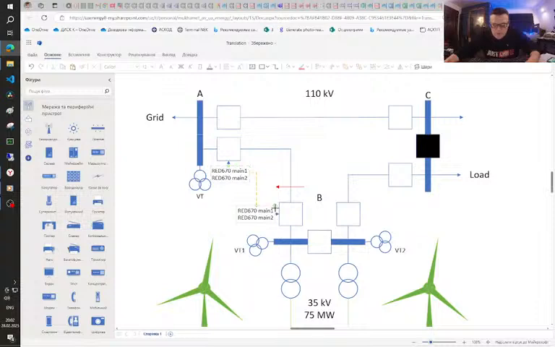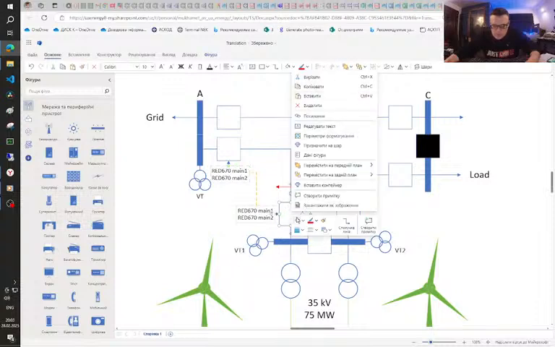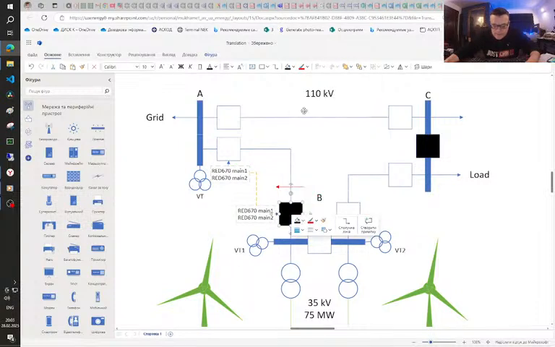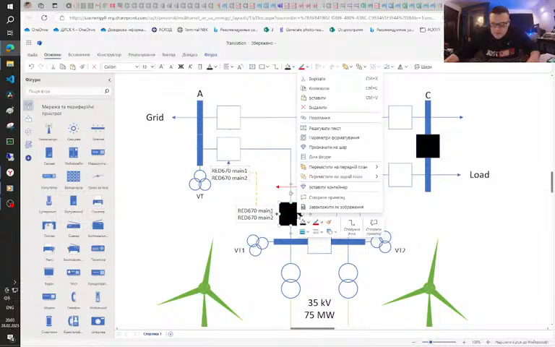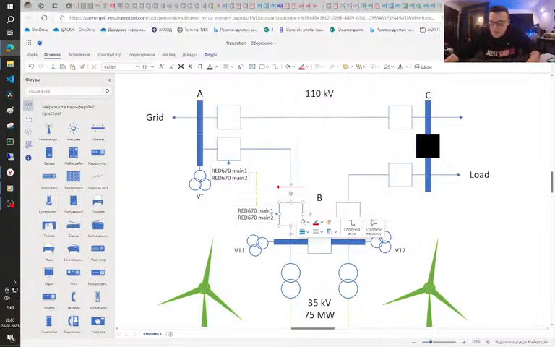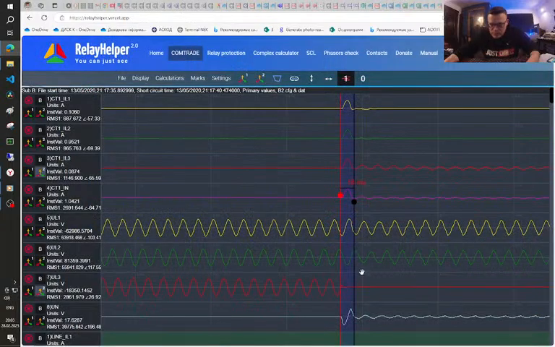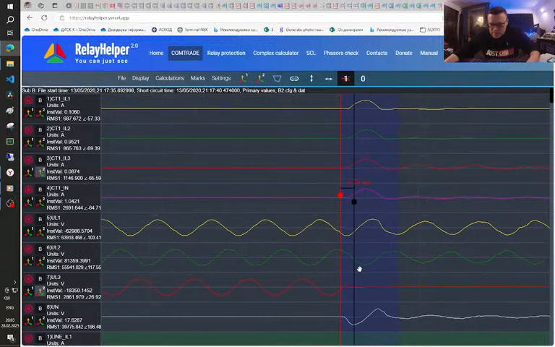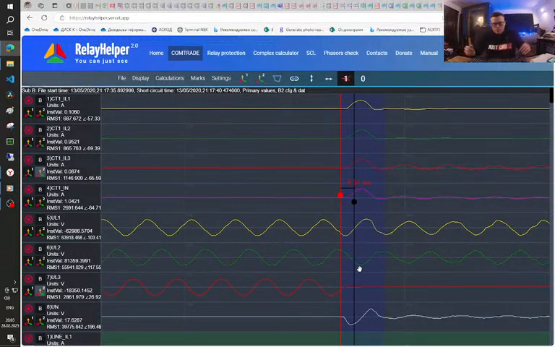The first circuit breaker closed from substation A, and then it was closed from substation B. And because of this difference in phasors of the voltages, we can see this transient.